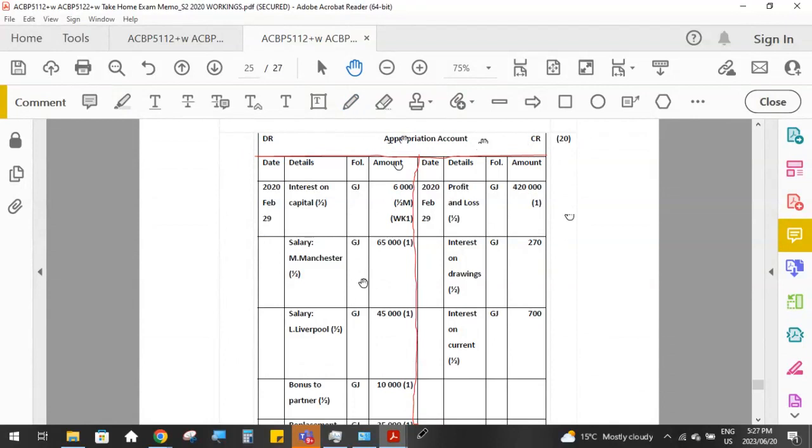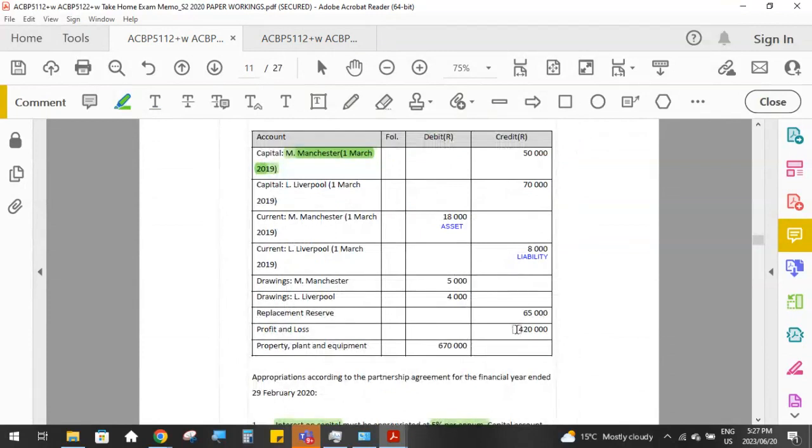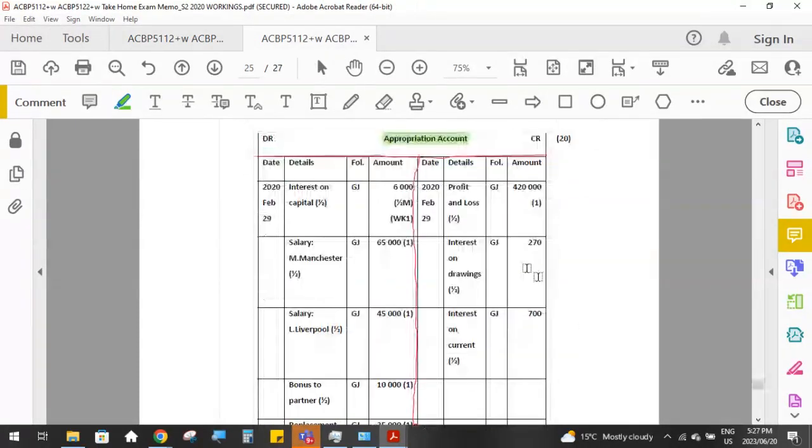So the T account. The first thing that we've got to do is transfer the profit out of the profit and loss account and into the appropriations account. So profit and loss is currently a credit of 420,000. So we are going to debit profit or loss and credit the appropriations account.